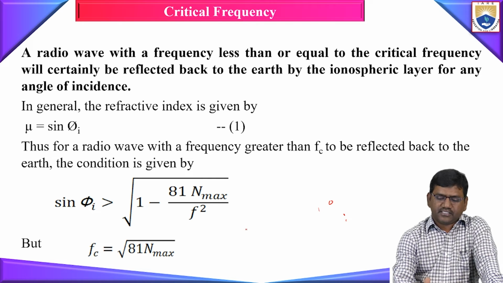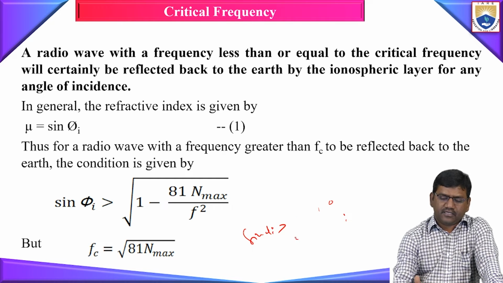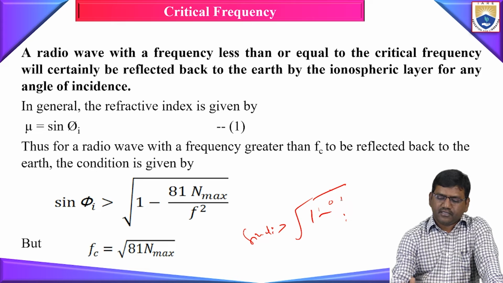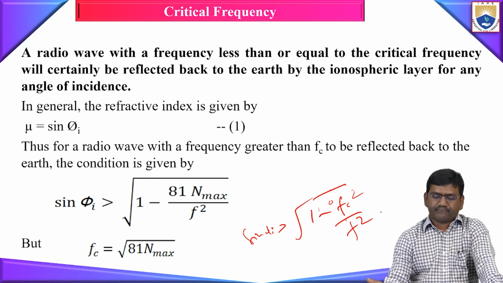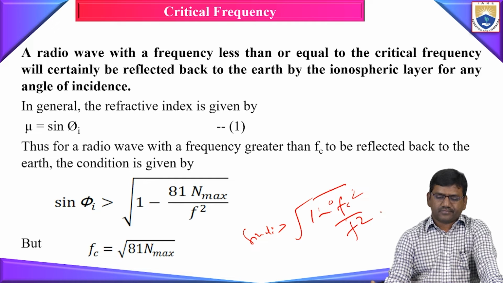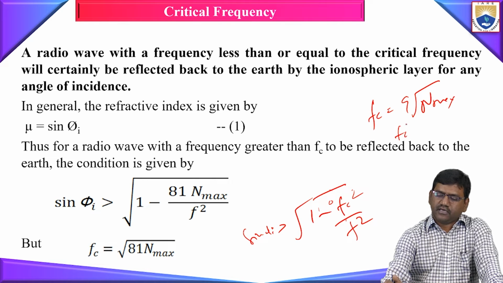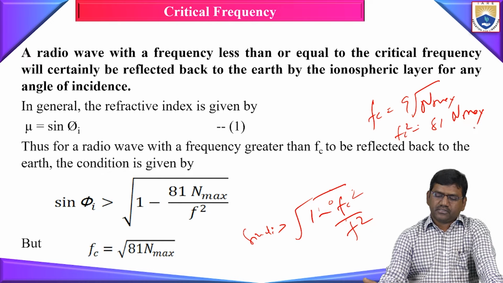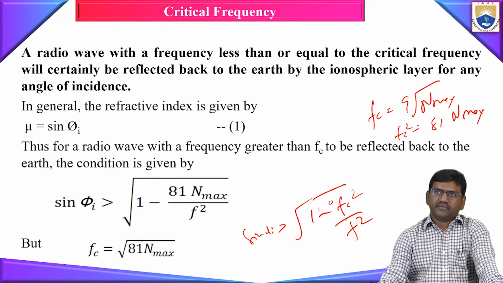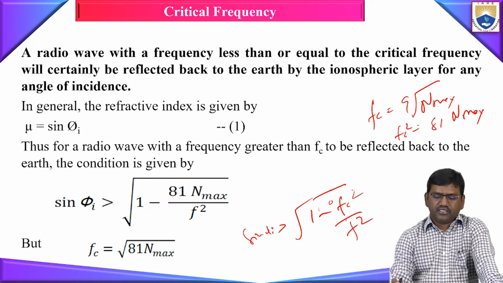So we can write sin theta I is greater than root of 1 minus Fc square by f square. Since Fc is equal to 9 root N max, Fc square is equal to 81 N max. And we know that the angle of incidence is 0 here.